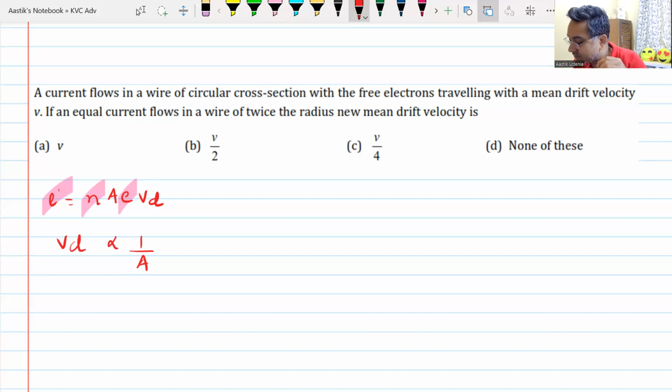Radius becomes twice, so the drift velocity will become 1 by 4 times. So the correct option is option C. Do we understand this?